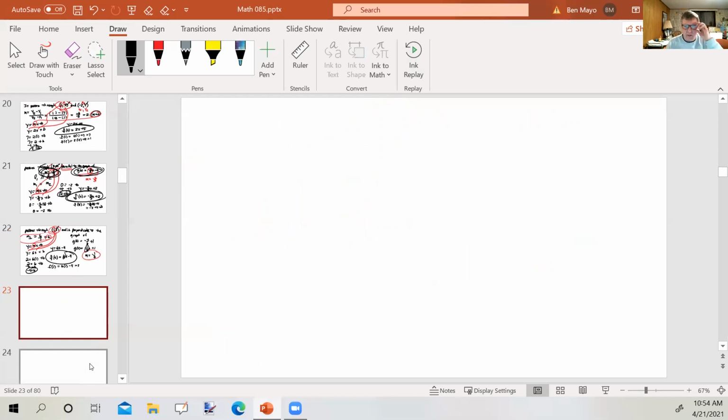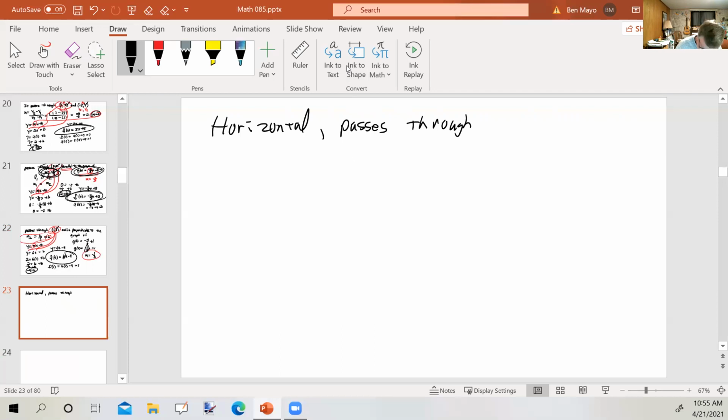Okay. Now, I mentioned a little while ago, I graphed the function f of x equals 2, which is like y equals 2, and said that a horizontal line is in the form of y equals a constant. We could also say that y equals a constant is going to produce a horizontal line, and the slope of a horizontal line is 0. We are now supposed to come up with an equation of a line that is horizontal and passes through the point negative 8, 12.